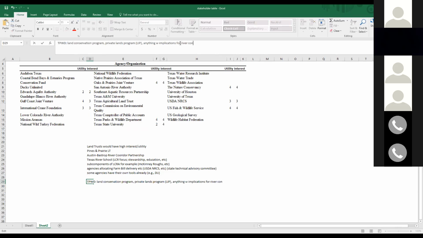The group that I lead is going to be interested, and our water resources branch, our inland fisheries division, our coastal fisheries division is going to have interest. Our state parks division has its own natural resources program, and they have some interest. Those are just some examples. It's definitely not the complete list.